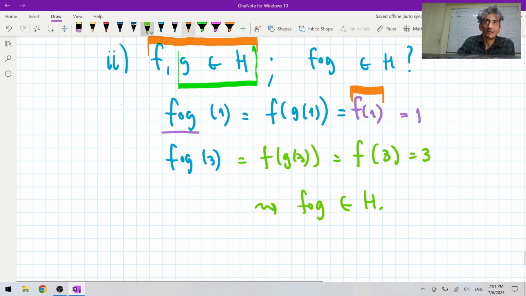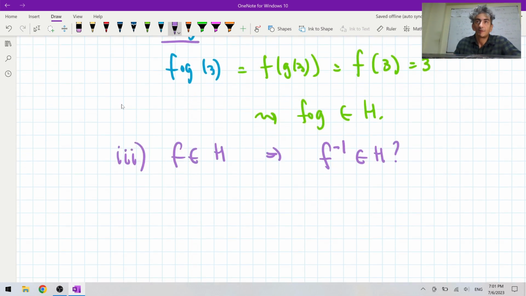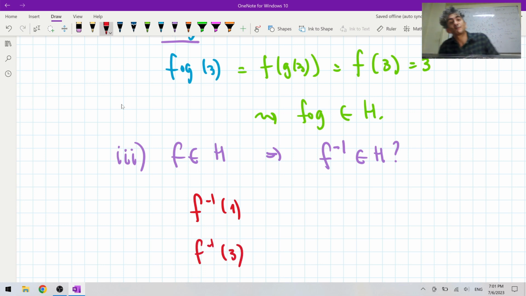Finally, if f belongs to H, then we need to see if its inverse belongs to H as well. So what do we need to check? We need to see what the inverse does to number 1 and number 3.